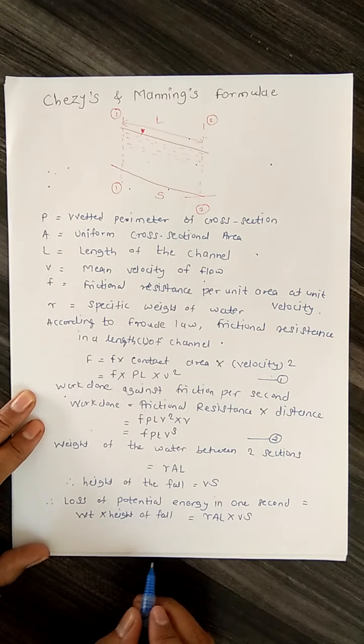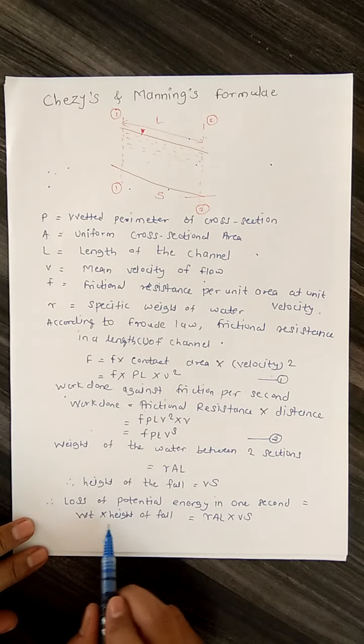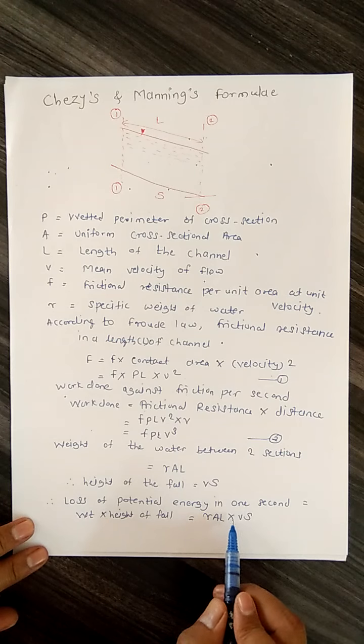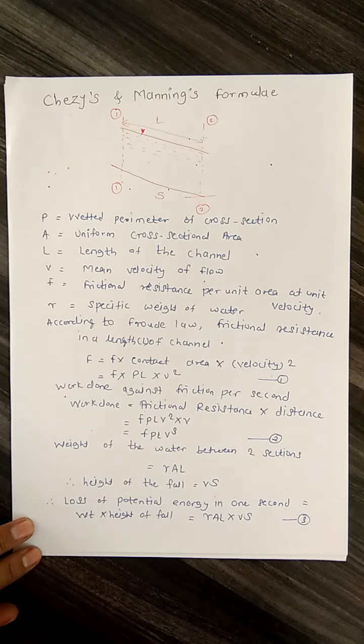So this is our loss of potential energy in 1 second, that is weight into height of fall, which is given by gamma A L into V s. This is our equation number 3.